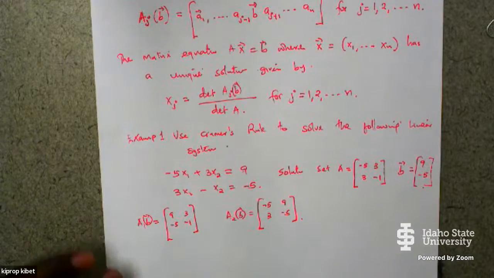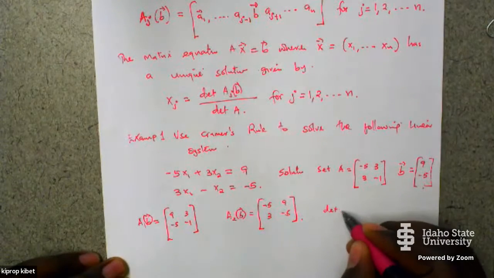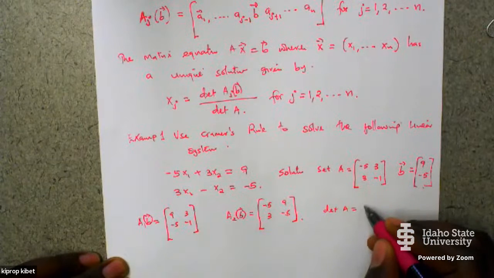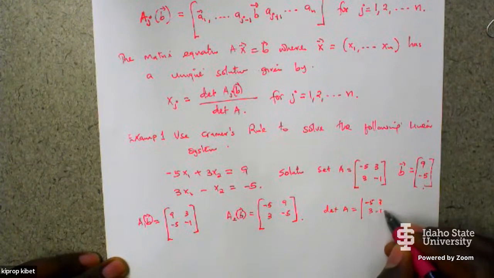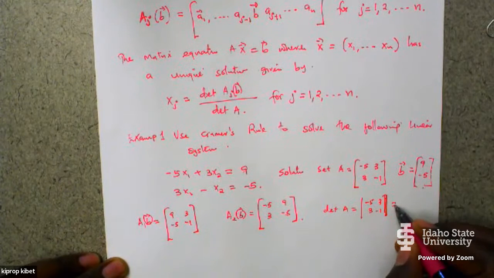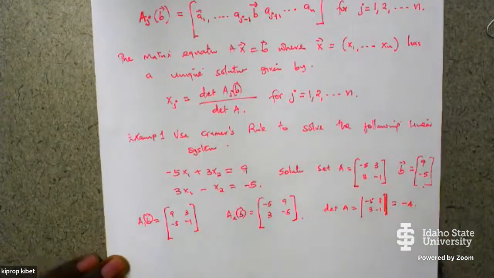So the determinant of A, with rows minus 5, 3 and 3, minus 1, is minus 4.